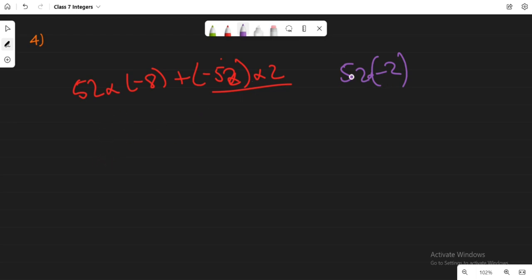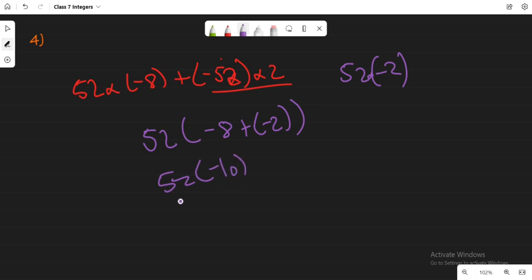So when we write it as 52 into minus 2, 52 can be taken out, and we can write minus 8 plus minus 2. Minus 8 plus minus 2 becomes minus 8 minus 2, which becomes minus 10. So 52 into minus 10.